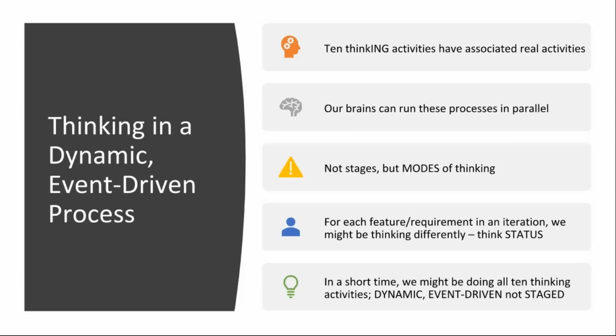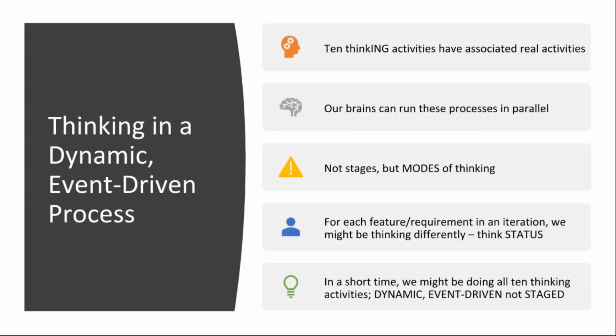That one activity might be reflected as a physical activity of drawing models, of underlining text in a document, of summarizing a requirement in a picture or a flow chart or something like that. Okay, so what I want to say is that the thinking activities are consistent for all testers, but how you implement it, the logistics, varies with every project.